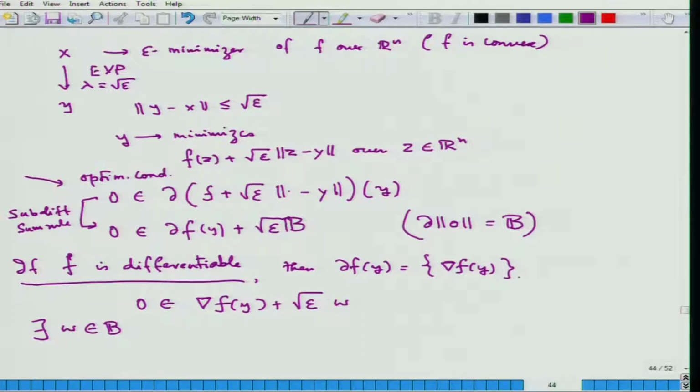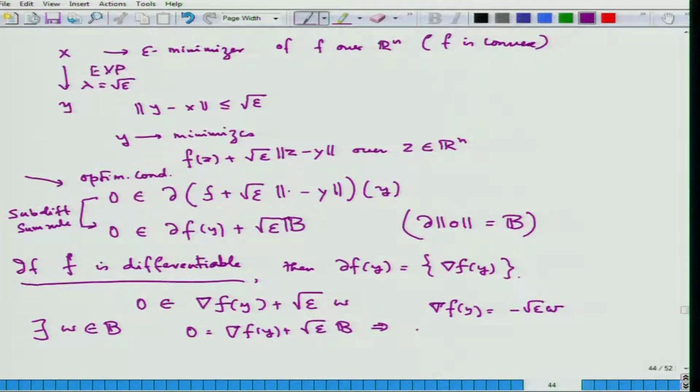And then, once you look at this condition, you would immediately realize I can write: there must be a w in B such that 0 is equal to grad f of y plus root epsilon w, which would imply that grad f of y is equal to minus root epsilon w.